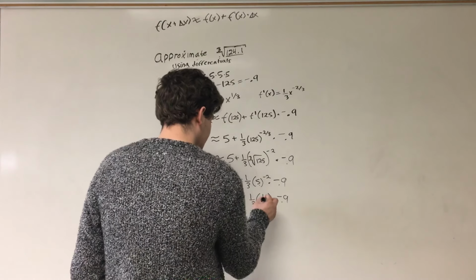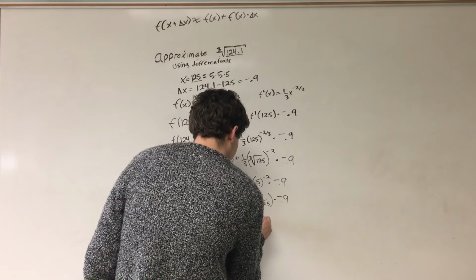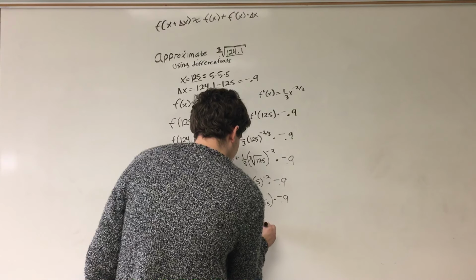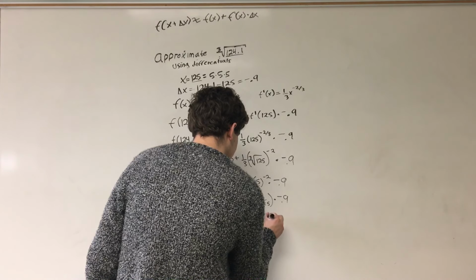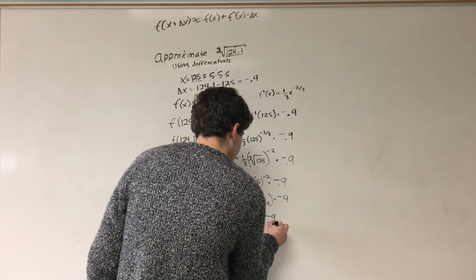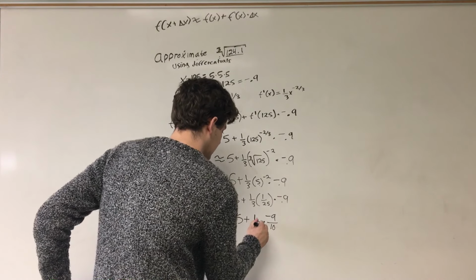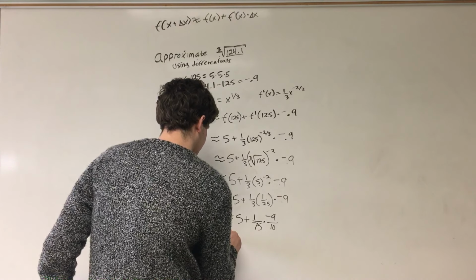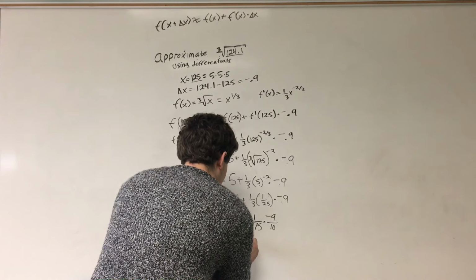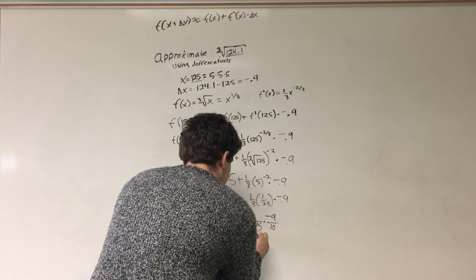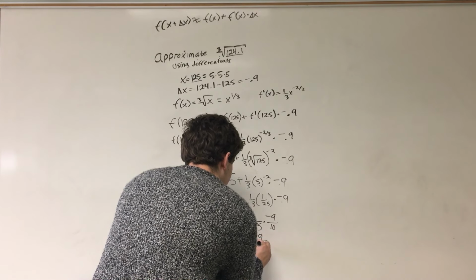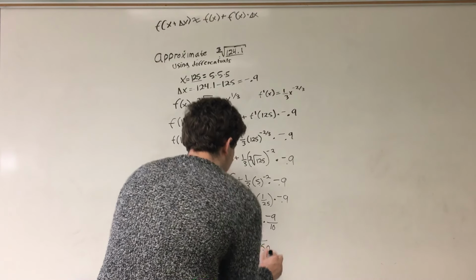So we have 3 times 25, so we have 1 over 75 times negative 9 over 10. Oh, 75. So we have about equal to 5 plus negative 9 over 750.